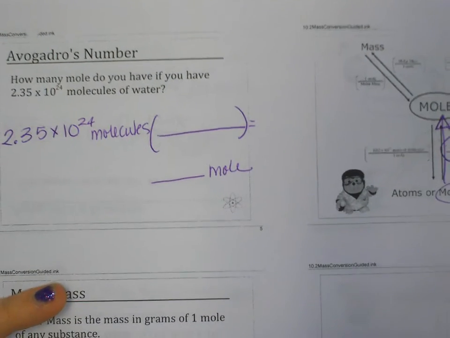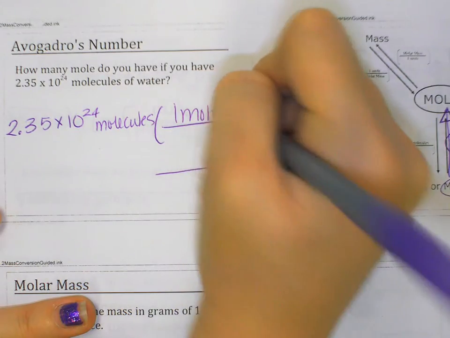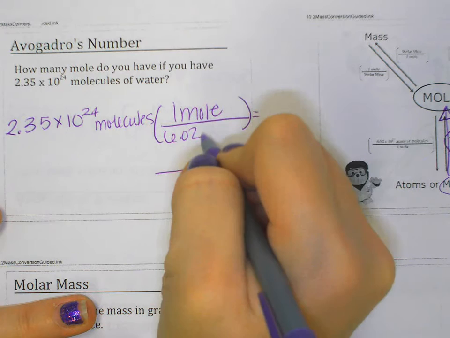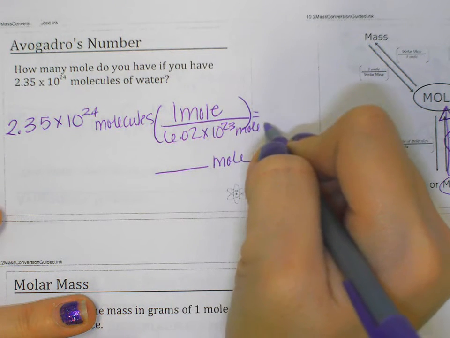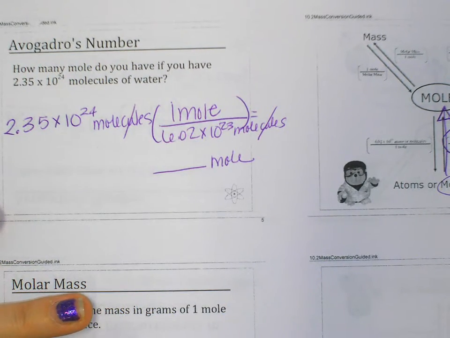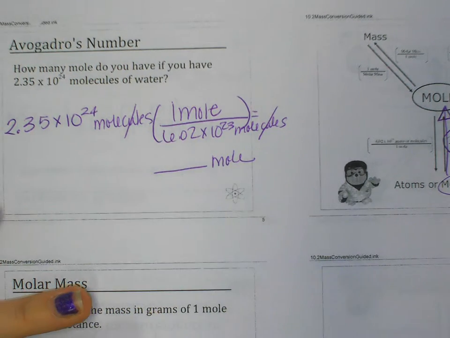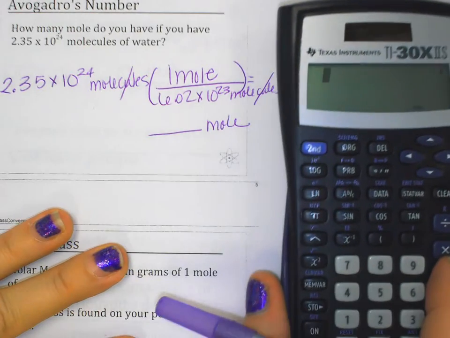So I'm going to write that right in here. 1 mole over Avogadro's number of molecules. And molecules will cancel out. Now, the key to these is to remember that on the bottom here you have 2 things.